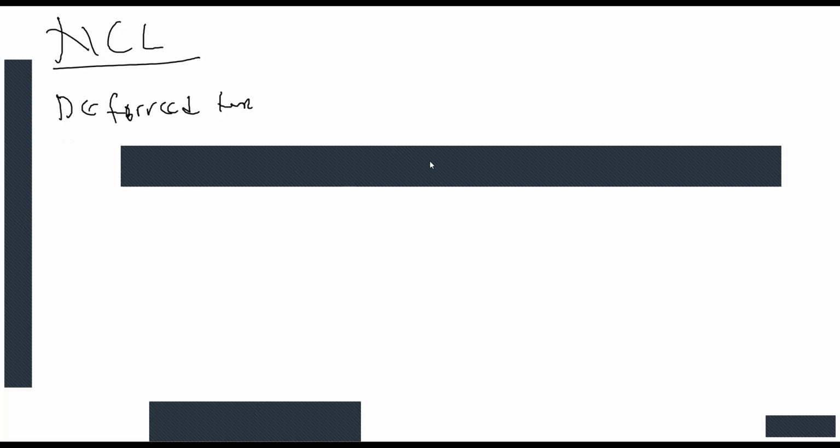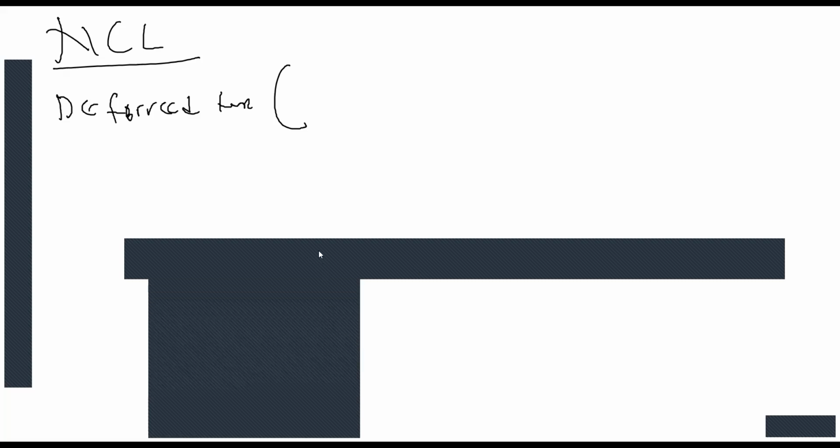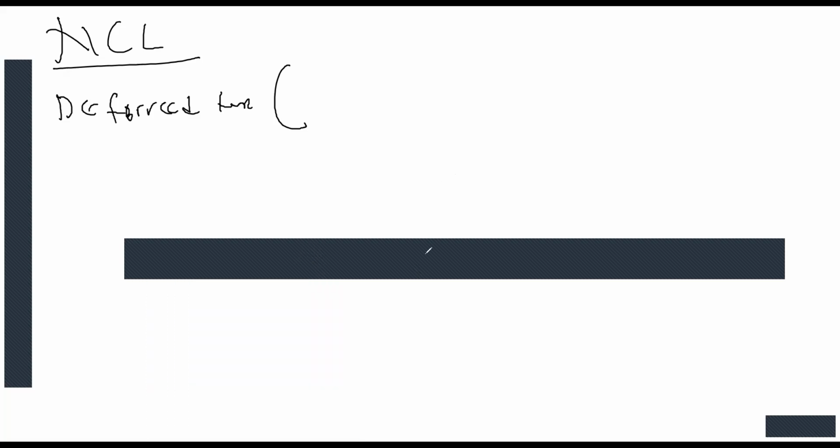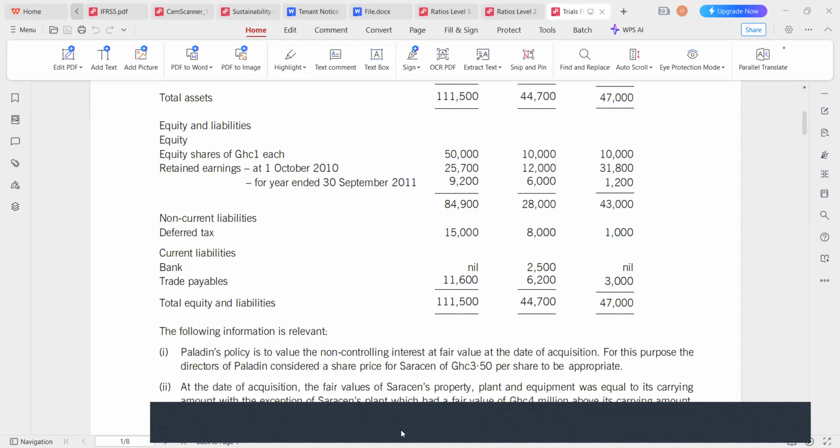All right, so what's the deferred tax figure? Those who have the question, open the brackets. So the deferred tax figure, let's go and pick it from the question. 15,000. 15 plus 8,000, right? 8,000.